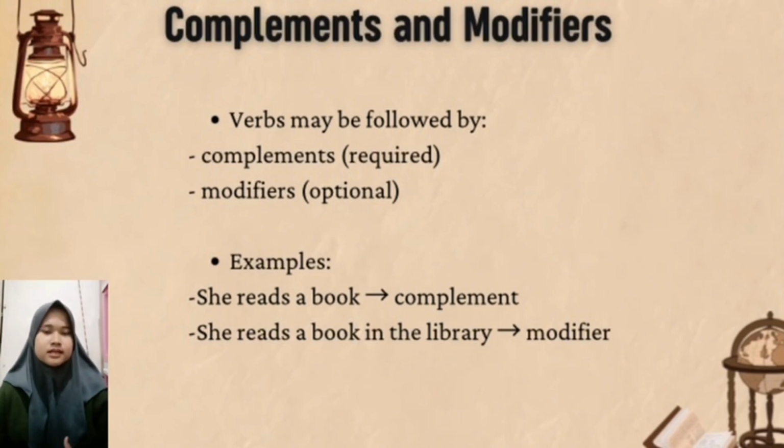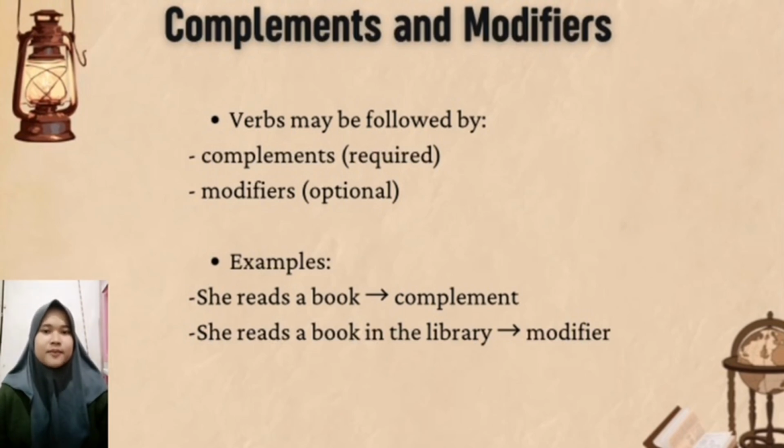Modifiers, on the other hand, are optional elements that add extra information such as place, time, or manner. For example, in "she read a book," the noun phrase "a book" functions as a complement. In "she read a book in the library," the prepositional phrase "in the library" functions as a modifier.